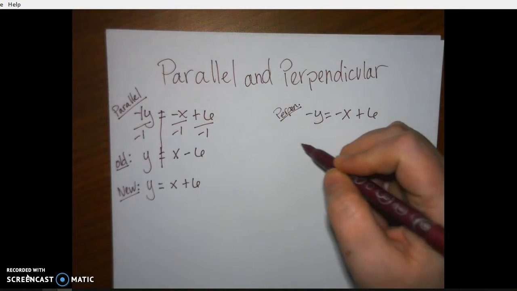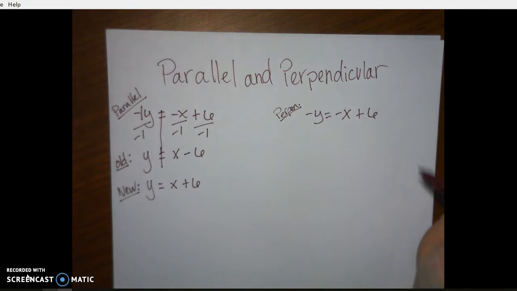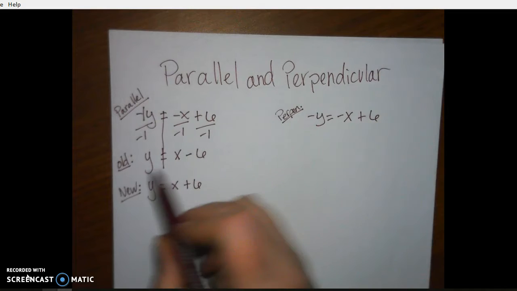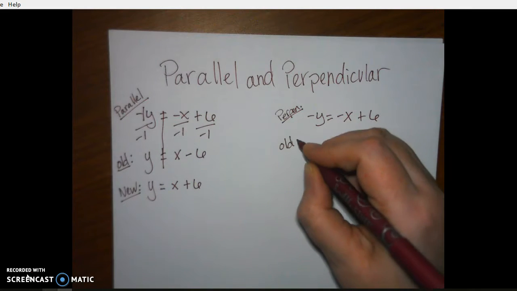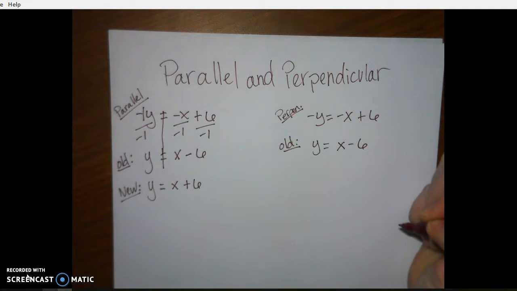Okay, using that same old line, I'm going to find the perpendicular. Okay, so I already know that when I change it over, I get y equals x minus 6.